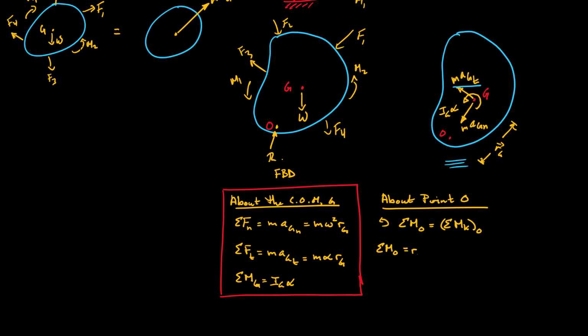So we have rg multiplied by the mass times the acceleration in the tangential direction. Now note that the normal component is passing through point O, so it exerts no moment. So all we have left is the Ig alpha term, which we add to our equation here.